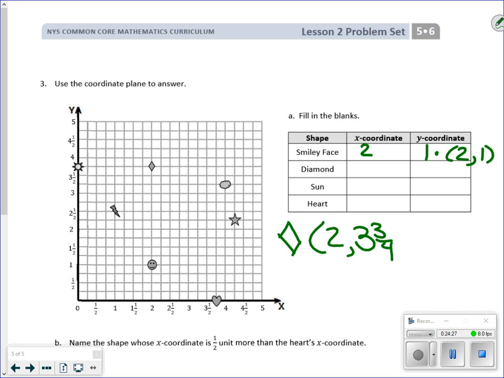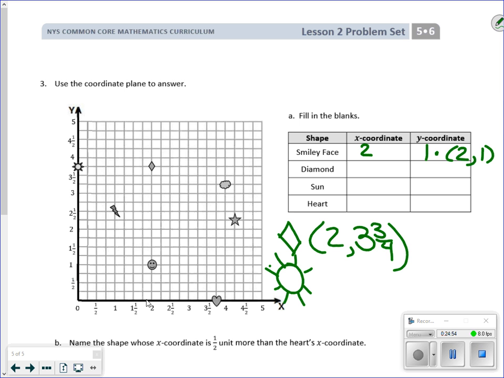So it's 3 and 3/4 for the diamond. So what are the coordinates for the sun?